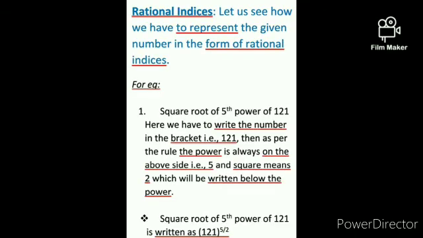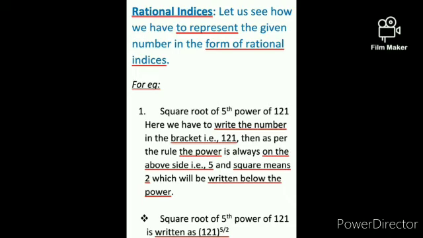Rational indices. Let us see how we have to represent the given number in the form of rational indices. For example, square root of 5th power of 121. Here we have to write the number in the bracket. That is, what is the number given? 121.